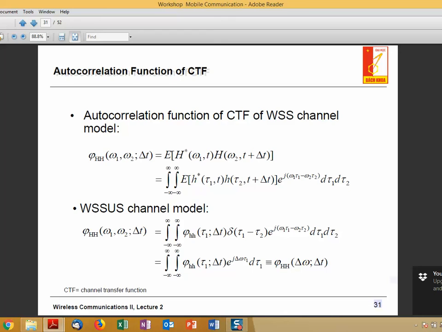So it takes a value only when tau 1 is equal to tau 2, and one integration should be removed. So it's correct. And now you have the definition of the correlation of the system.